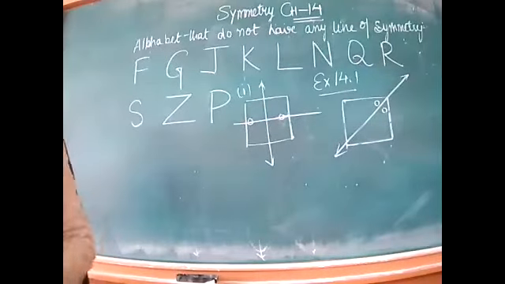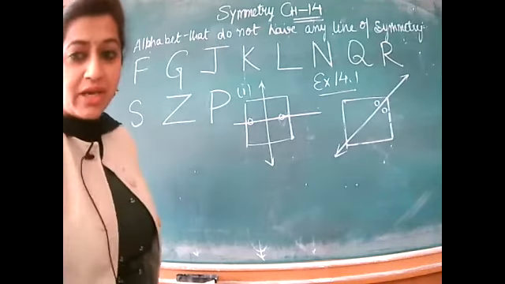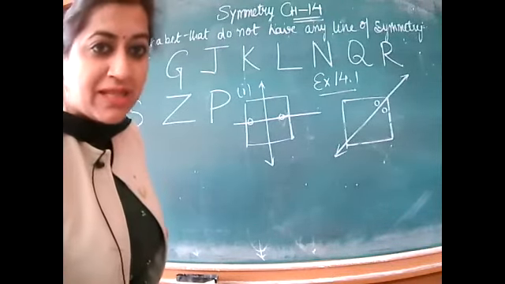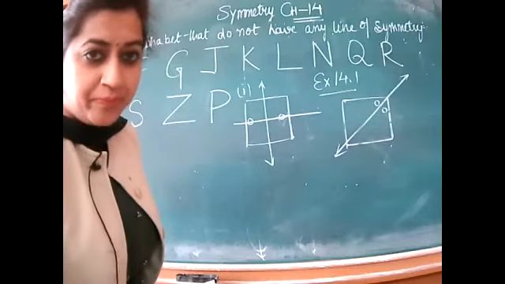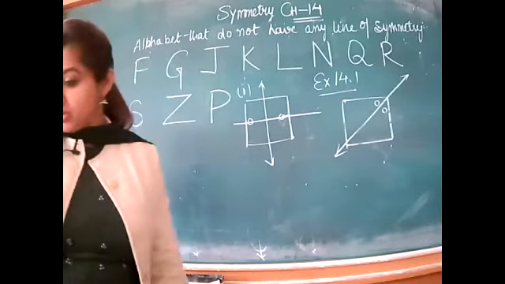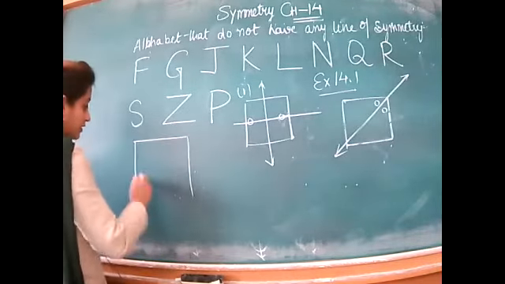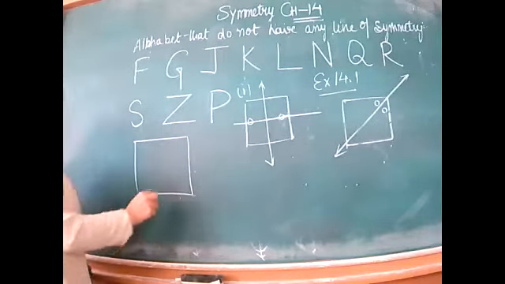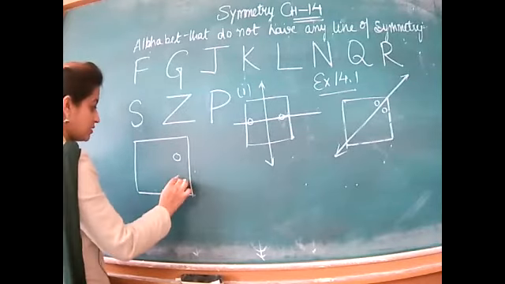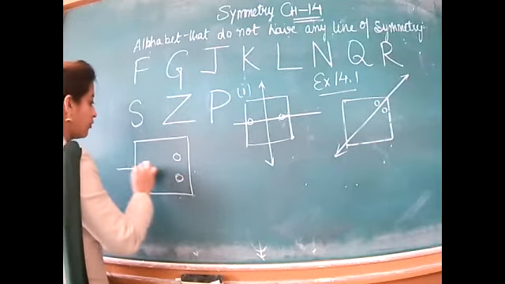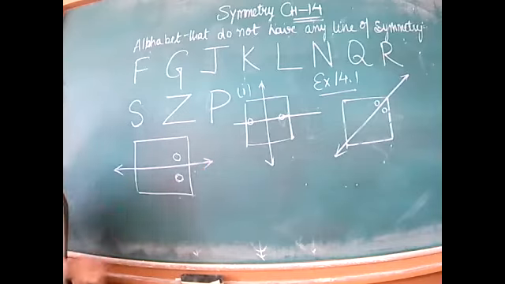Okay, complete this first question in the book. I am waiting. Hurry up, complete all the parts with pencil only in the book. Yes, have you done the next part? That is again having 2 circles like this. So it will have only 1 line of symmetry. Check your answers.